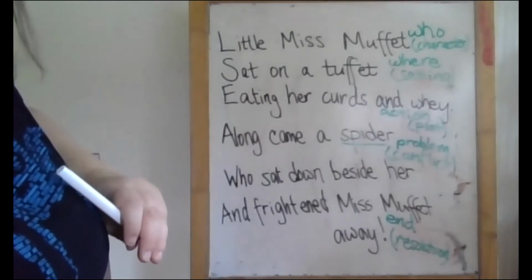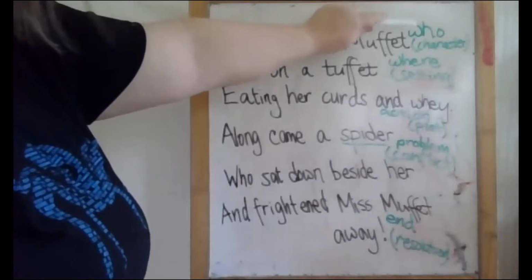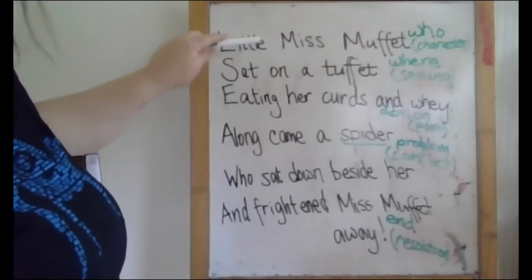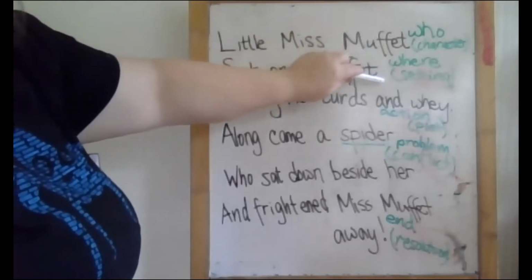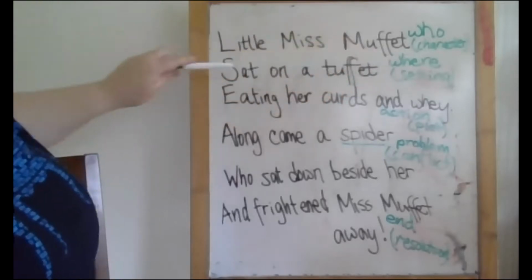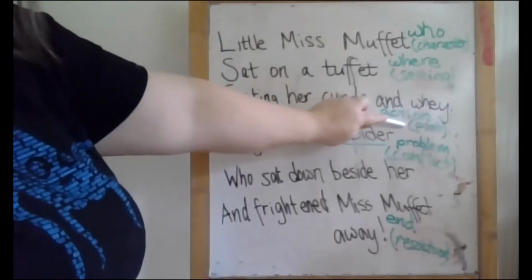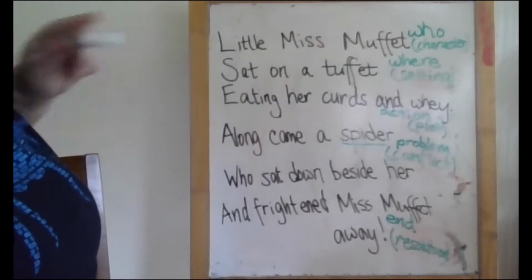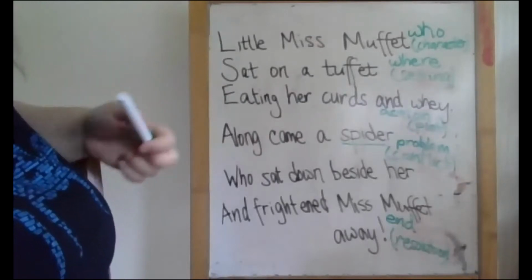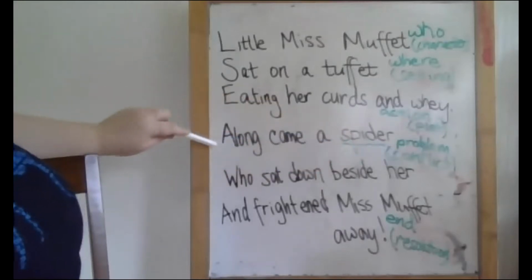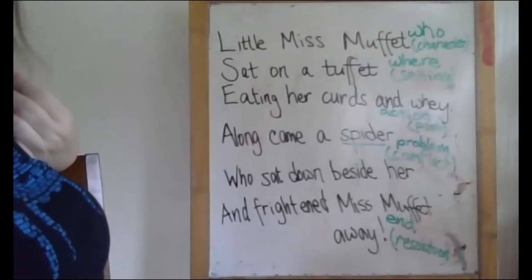So, to review, we have our character, who is Little Miss Muffet. We have our setting, the where. She's sitting on a tuffet. We have our plot. She's eating her curds and whey. This is an action that is happening. We have our conflict. Along came a spider who sat down beside her.